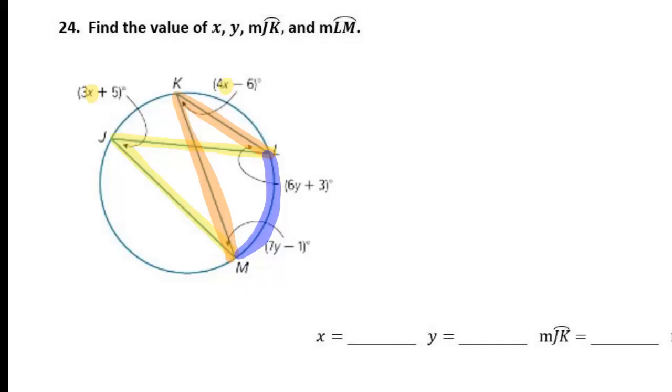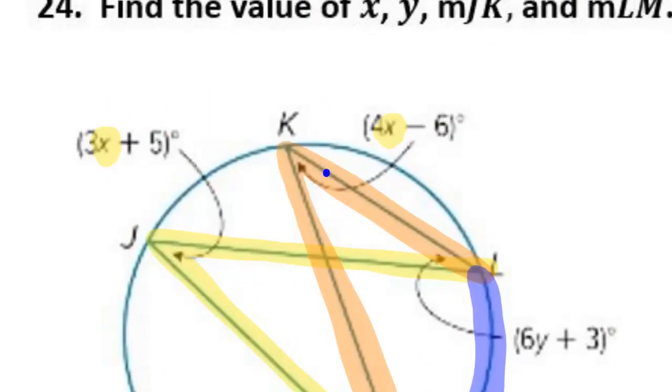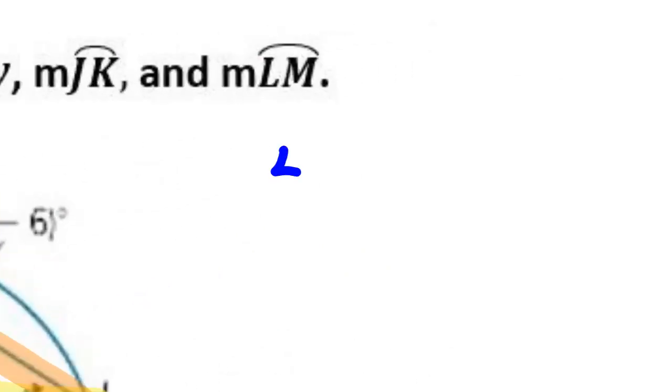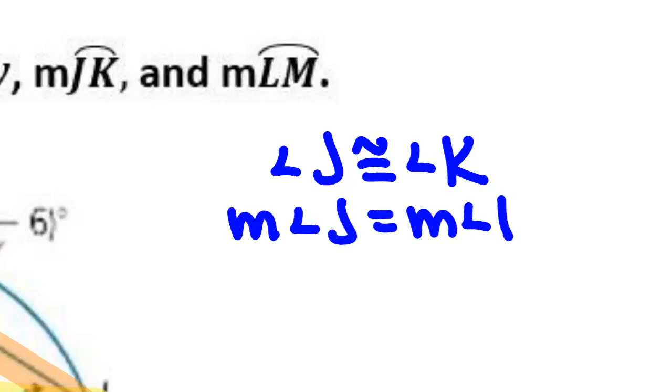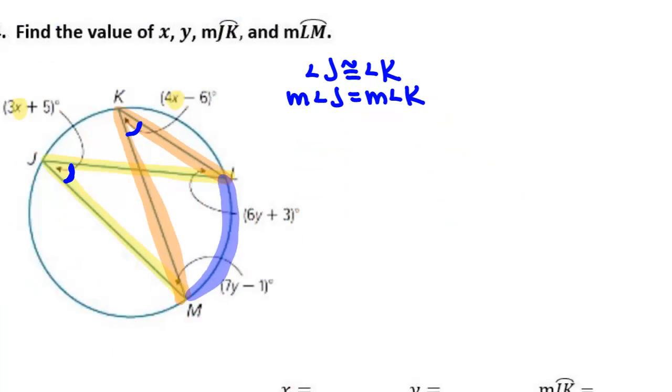So what does that mean about those 2 angles? They are congruent. So angle J is congruent to angle K. So the measurement of angle J is equal to the measurement of angle K.